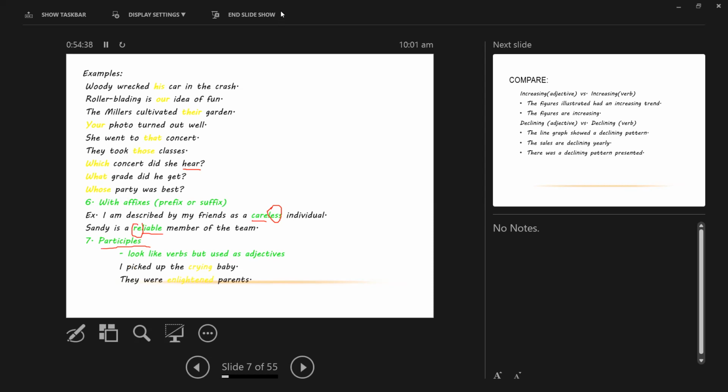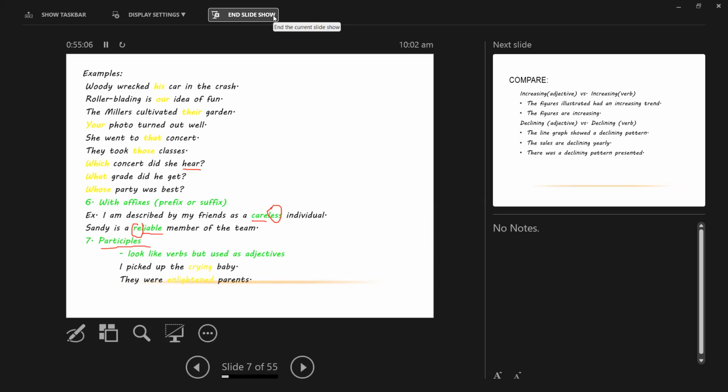So this is actually for me the most confusing, because there are verbs that can be used as adjectives as well. Okay? However, nakadepende siya sa location ng word in a sentence. And the location of the word in a sentence actually alters the meaning, the function.